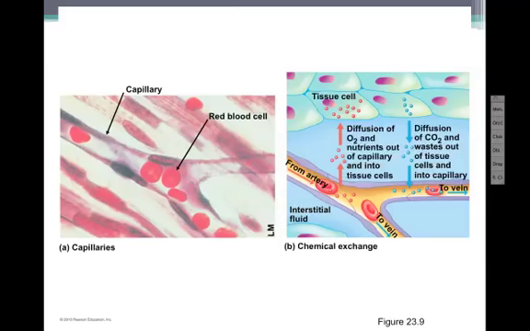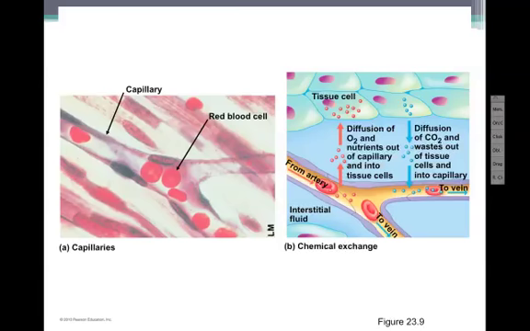Now, as you will have seen in lab, you will have looked at a blood smear, and red blood cells are the most numerous, but they were the smallest of the blood cells that you have. And they're the ones with the hemoglobin, and it carries the oxygen and carbon dioxide.